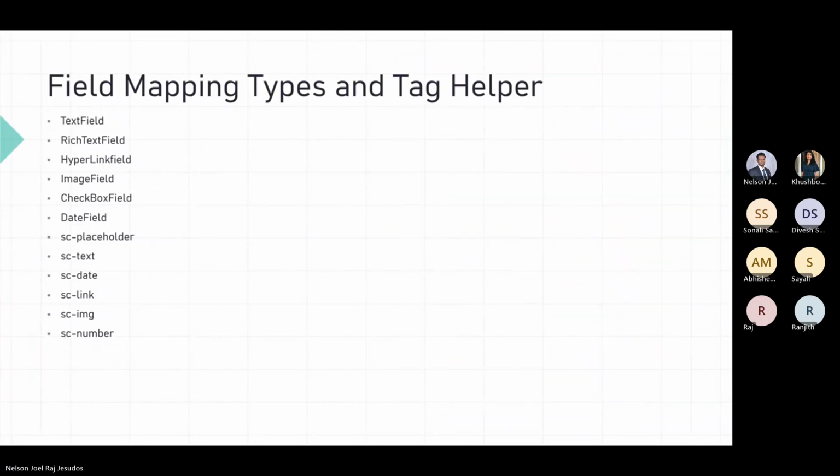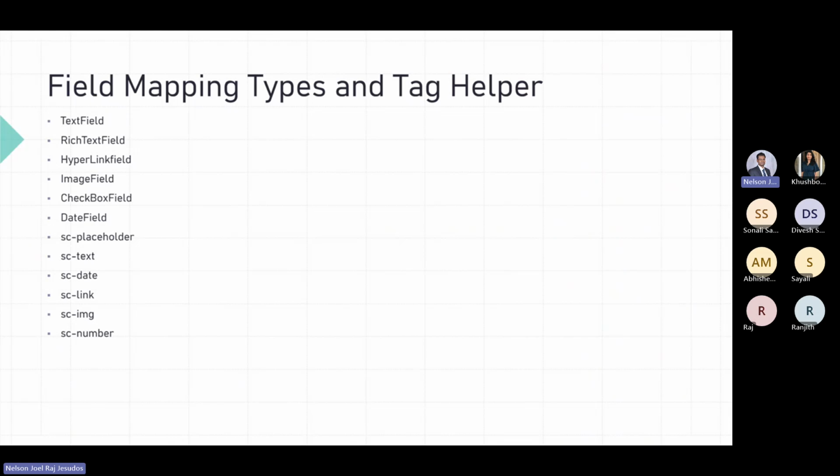Once we have done the model binding, now we need to show this in the UI. We have multiple tag helpers, such as SC placeholder, where we define a placeholder in Sitecore. We know how to define a placeholder in an MVC application, right?